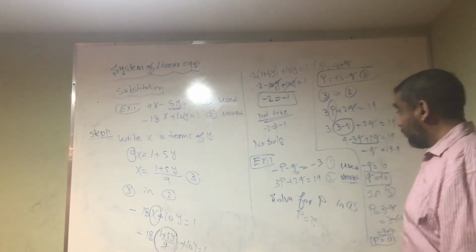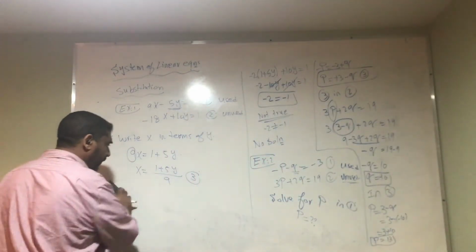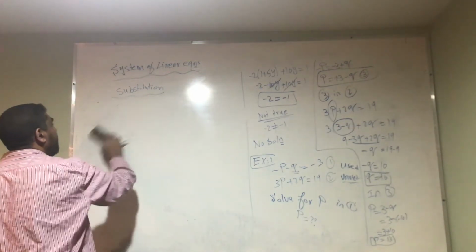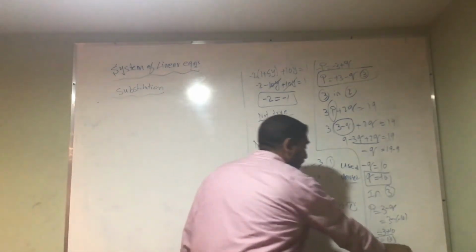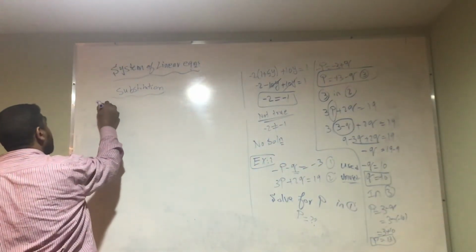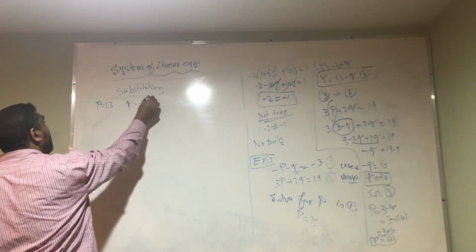You can always check before you go, so that if you make mistakes sometimes, you can figure out, or just try to correct what your mistake is. So what did I get here, guys? For this example, p equals 13, and q equals minus 10, right?